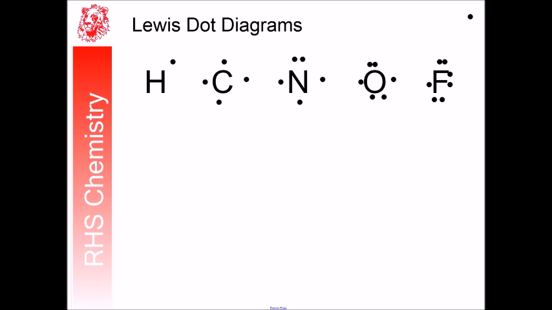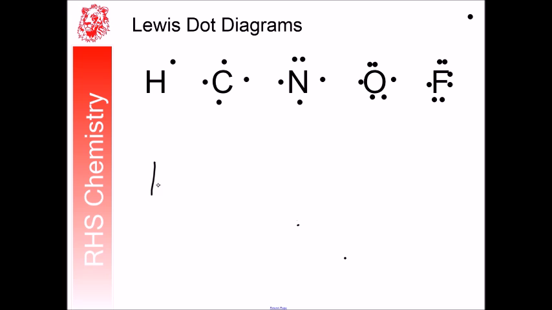And if you remember way back, Bohr used to talk about magic numbers of 2, 8, and 8, and the idea that every element wants to have a full valence shell. For any element in the first 3 rows of the periodic table, that's a 2 or an 8 or an 8. So this hydrogen has 1 electron in its outer shell. It would like to have 2, so it's going to try and find another electron somewhere.